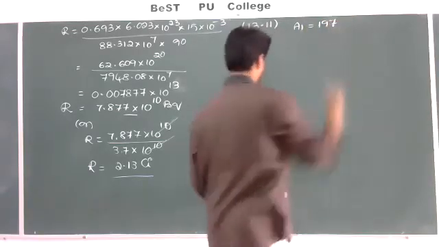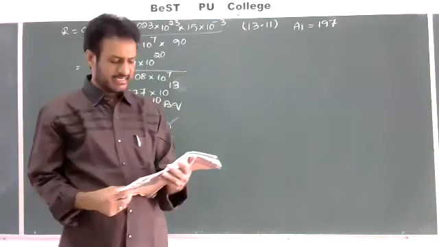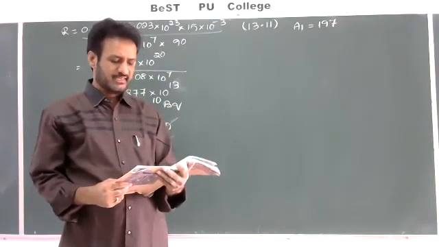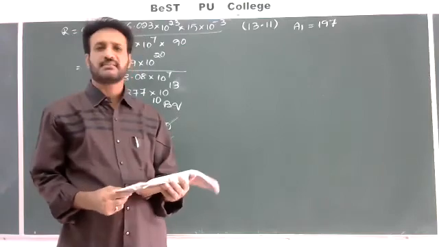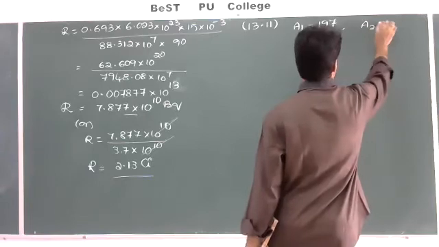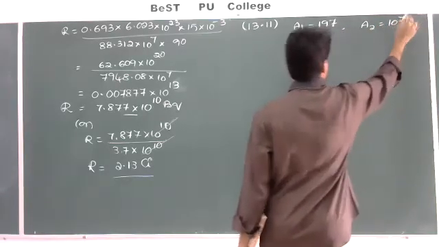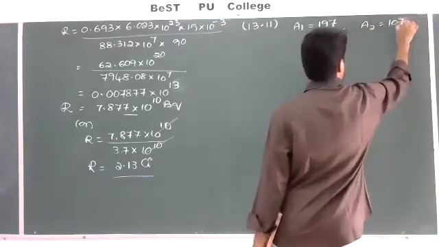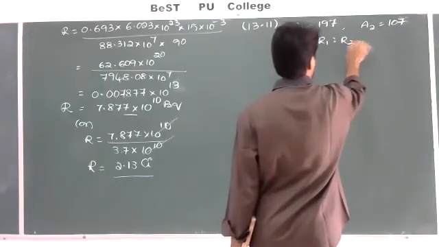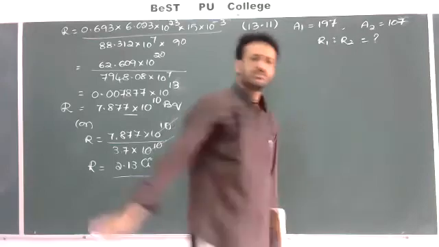And the second one they have given is the silver isotope Ag with atomic number 47, mass number 107. So for the second one, A2, you should write 107. Then they are asking what is the ratio of R1 to R2. You should calculate. It's a 2 marks problem.